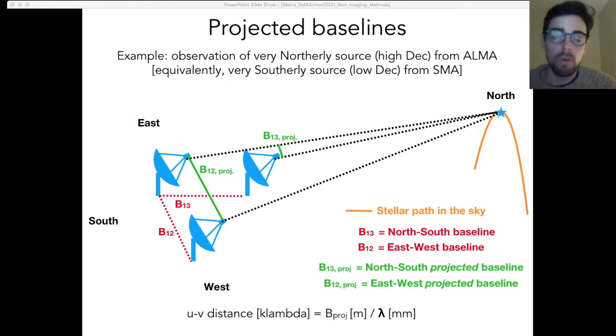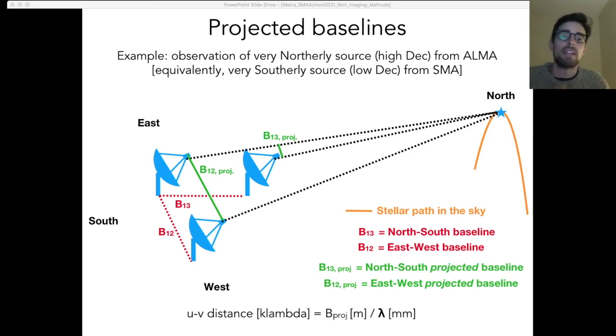So what that will mean is that the UV distance corresponding to these projected baselines would be the same as the baseline for the east-west direction, and it would be a much shrunk projected baseline for north-south. So B13 projected is much smaller than the actual B13 north-south baseline, whereas the B12 projected east-west baseline is basically the same as the actual baseline.